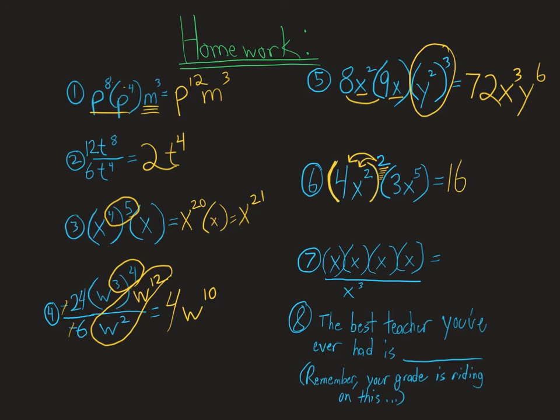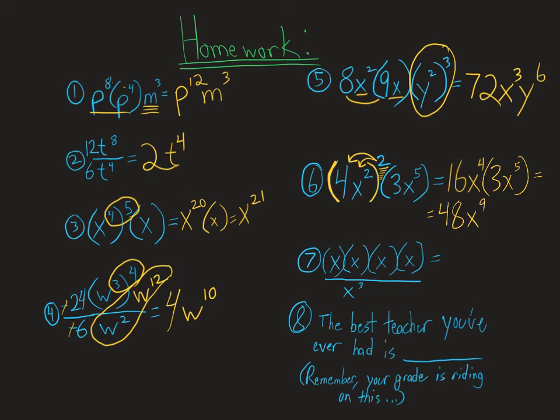The x squared is x to the 4th, because that's power to a power. And then we can finish it with the 3x to the 5th. So 16 times 3, 48. x to the 4 and x to the 5 make x to the 9, and there you go.